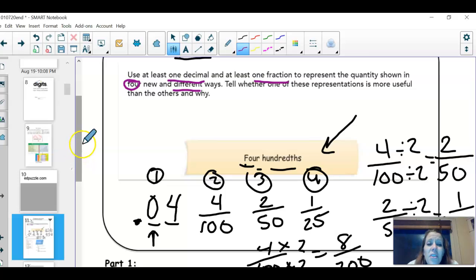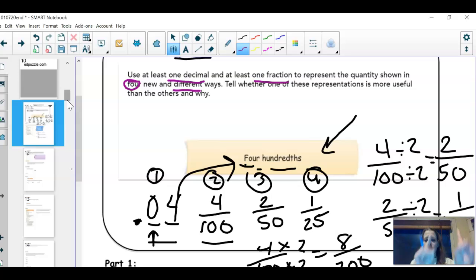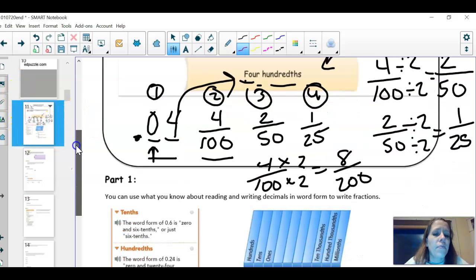Okay? So that's just getting me thinking about fractions, decimals, and words. Okay? Now what we're going to do today is we are going to be switching between fractions and decimals. Okay, so let's go ahead and get started.